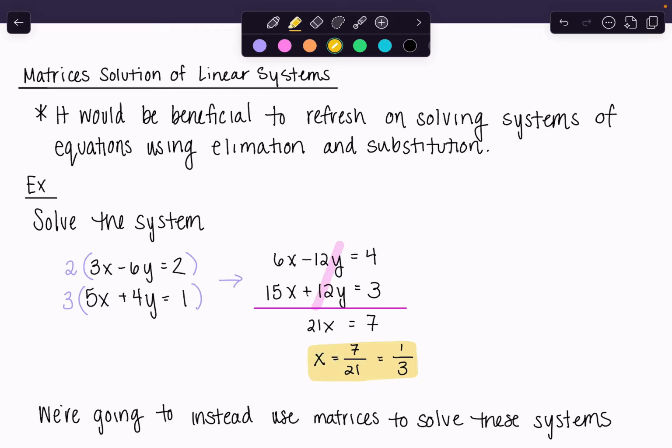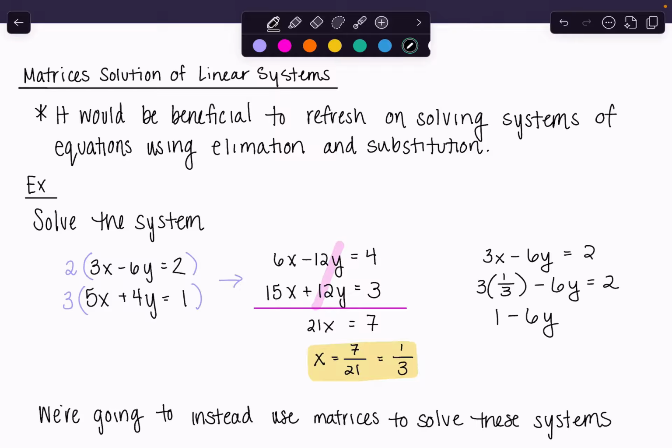Then to figure out y, I just need to plug x back into either one of these equations. I'm going to go ahead and just pick the first one. So we need 3x minus 6y to equal 2. So x I know is 1/3, so I plug in 1/3. And thankfully 3 times 1/3 gives me 1.